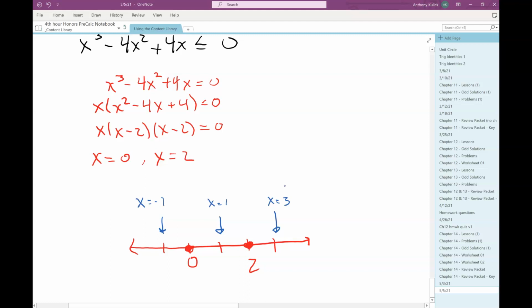Right, I need a test value on each side of each 0 in this case, or x-intercept. So negative 1 cubed minus 4 times negative 1 squared plus 4 times negative 1 is negative.